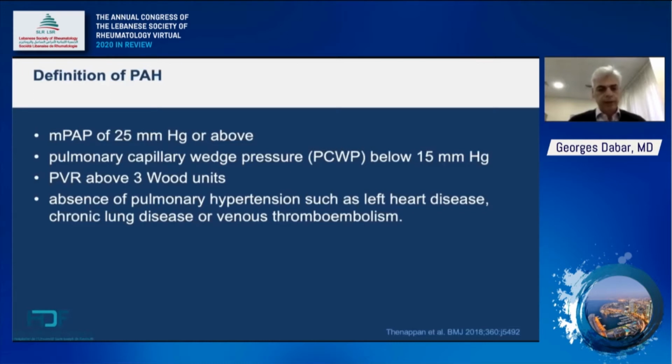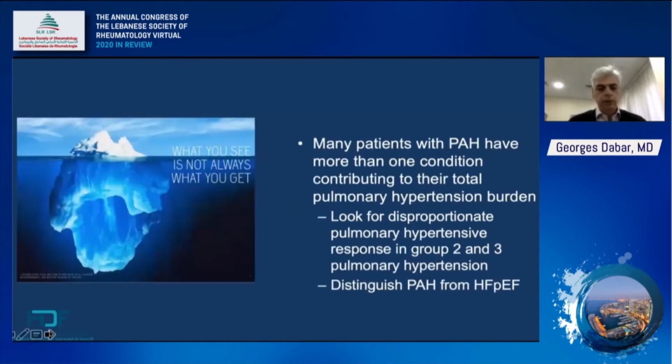One more caveat you have to be careful with is that many patients with pulmonary arterial hypertension have more than one condition contributing to their total pulmonary hypertension burden. So what you need to do is look for a disproportionate pulmonary hypertensive response in group 2 and 3 pulmonary hypertension, mainly in chronic pulmonary disease and heart disease.